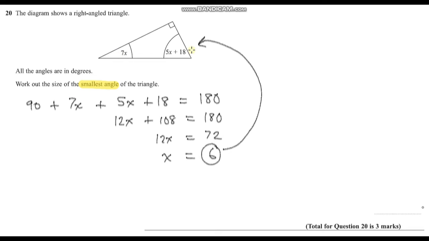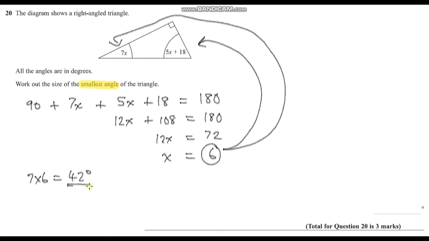So this angle, let's do 2 arrows, one going there and then one going here. Because we know this is 90. So this angle here, well, that's going to be 7 times 6. So 7 times 6, well, that's 42 degrees. So this angle here is 42 degrees. And then this angle is going to be 5 times x, which is 6.